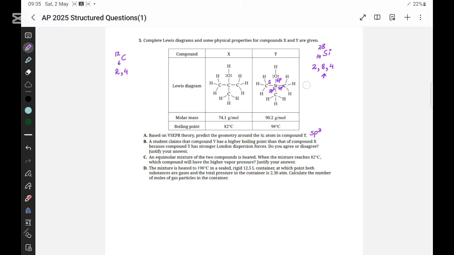Since it has more shells, it is going to have more polarizable electrons, and that's why it is going to have stronger van der Waals force of attraction. So how am I going to describe it?